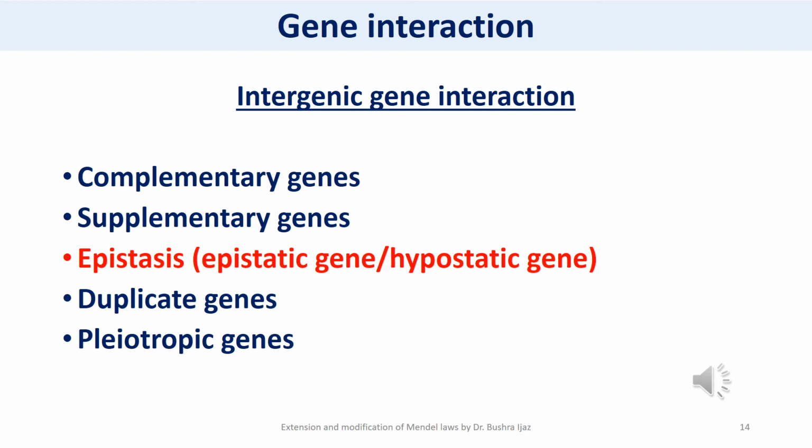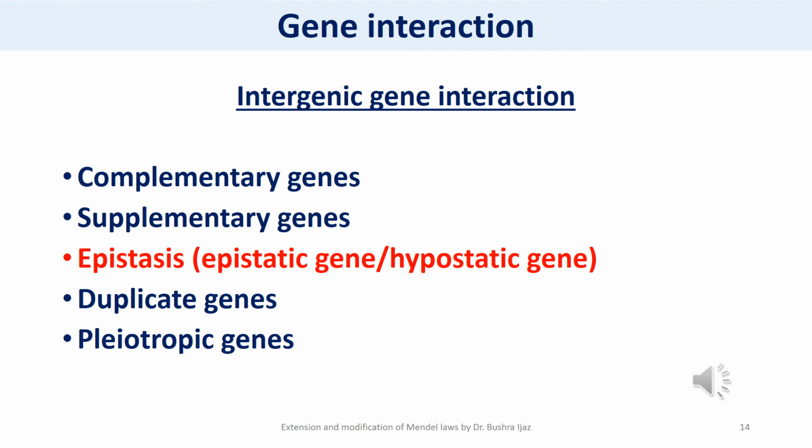In case of the supplementary genes, these are two non-allelic genes in which the first gene can produce its effect whether the second gene is present or not. But the second, which is called the supplementary gene, actually produces its effect only in the presence of the first gene. Then we have the main thing, which is epistasis.